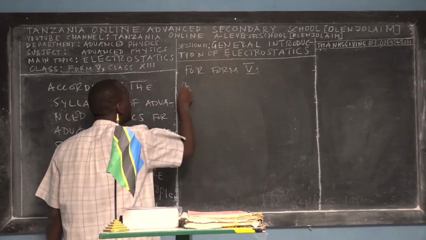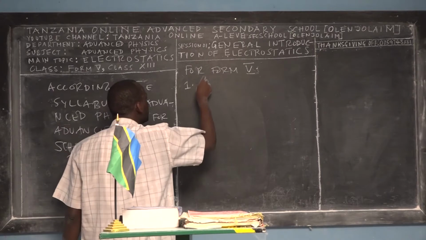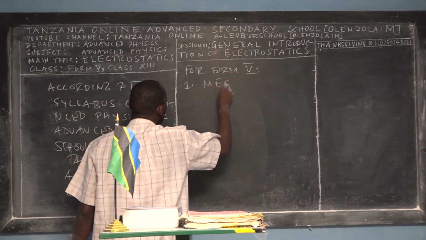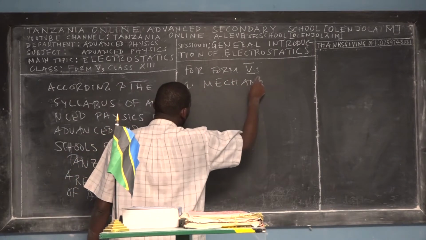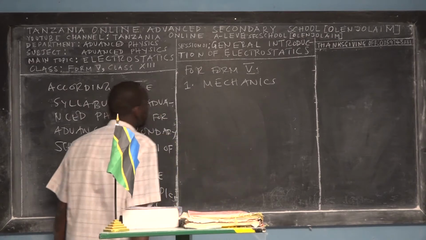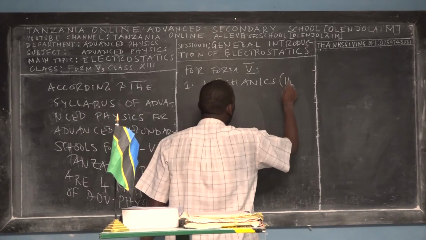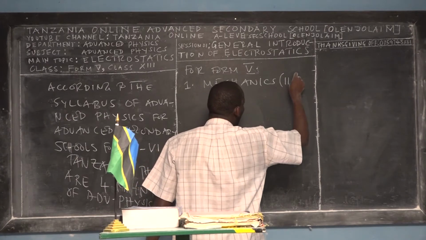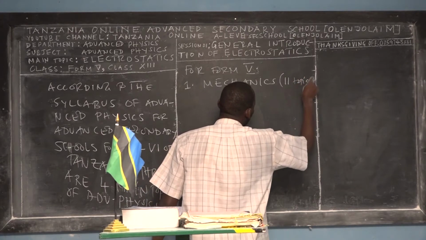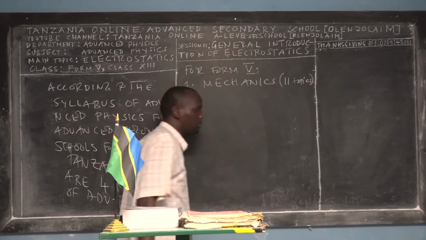And these are, first one is called mechanics. Mechanics itself has 11 topics. That's why we call it a main topic, because it has 11 topics that you have to cover.